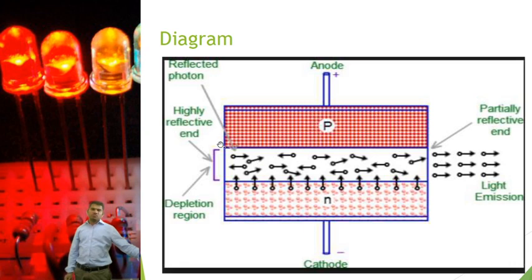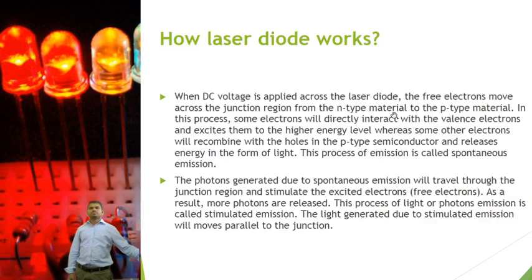The first one is the fully reflecting mirror, and this is the partially reflecting mirror. These are the reflected photons, and this is the depletion region. In this depletion region we get some output, that is light emission. This is the general construction of a laser diode.